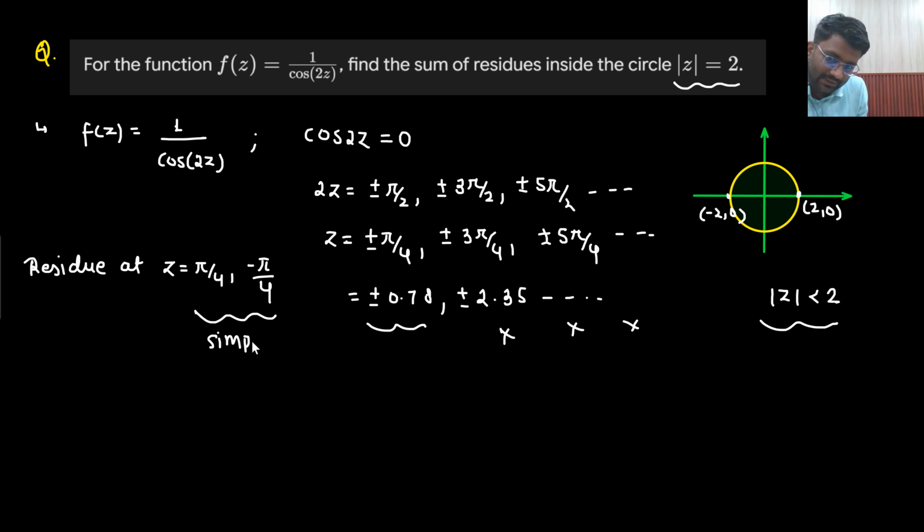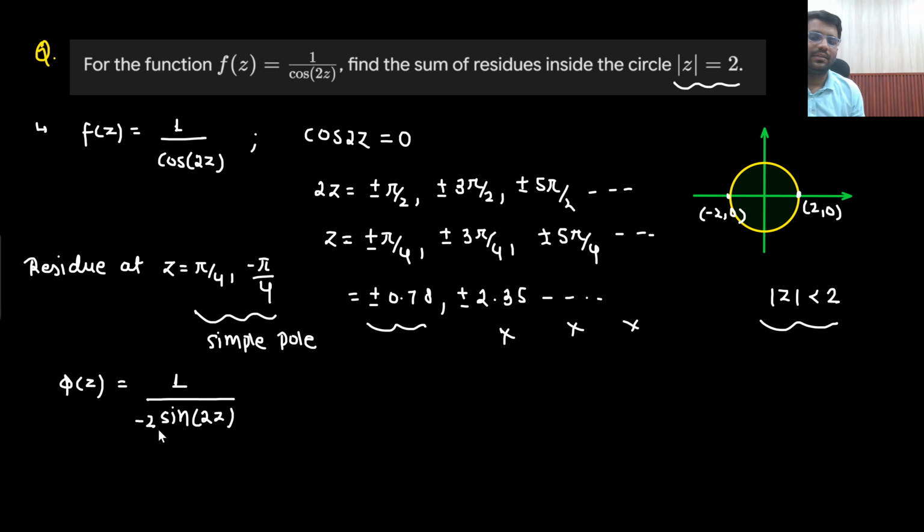Since it is a simple pole, I can make a new function phi of z, with the numerator as it is and the differentiation of the denominator, which will become minus 2 sine 2z. So phi of z is 1 by minus 2 sine 2z.